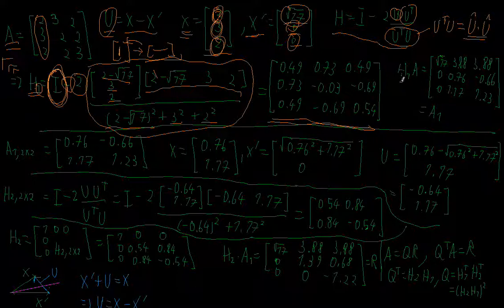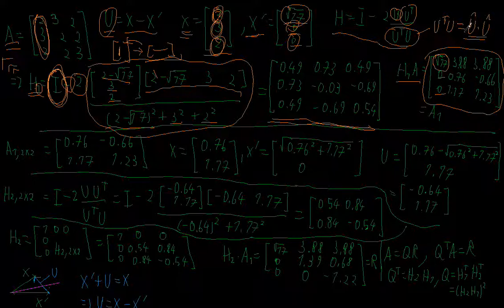This is a 1 here, because this is our first transformation that we will apply to A. So if you apply it to A, we get this result here. As expected, the first column vector only has zeros now, except for the first component, which is now the norm of the old vector, the norm of this vector 2, 3, 2. And the other components are 0 as expected.